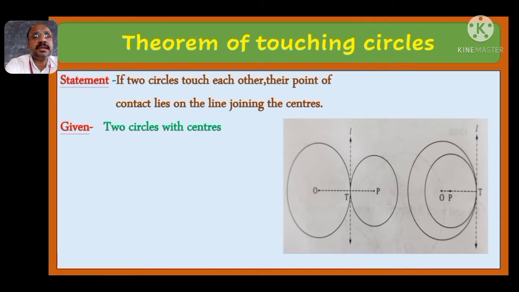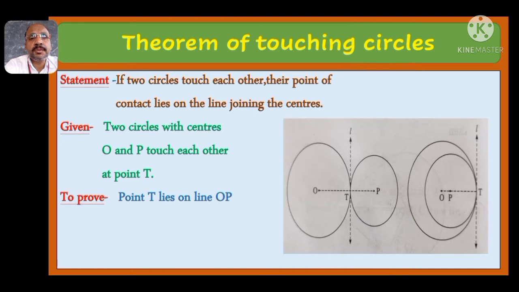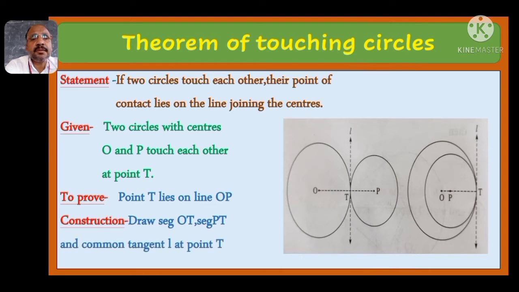Given: two circles with centers O and P touch each other at point T. To prove: point T lies on line OP. For that we draw segment OT and segment PT and common tangent L at point T.